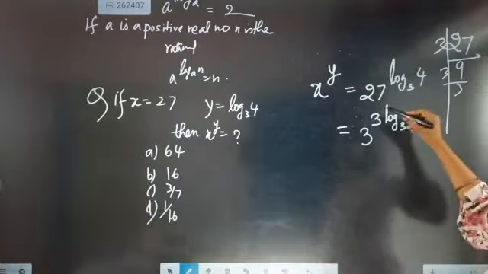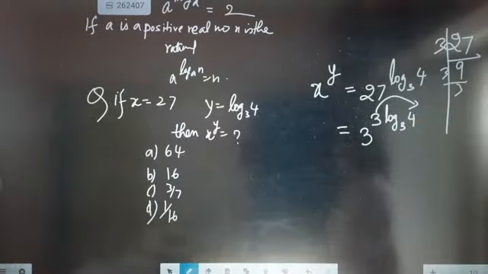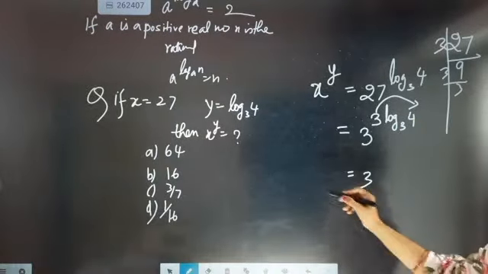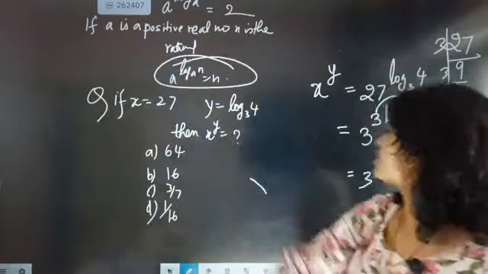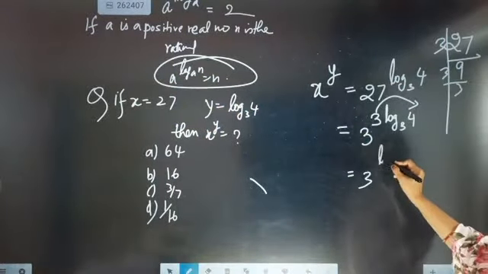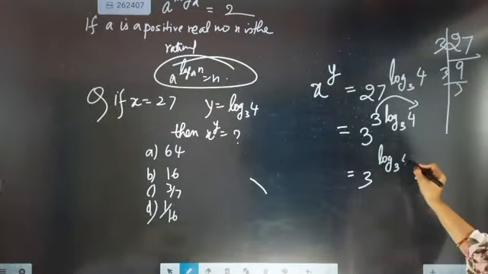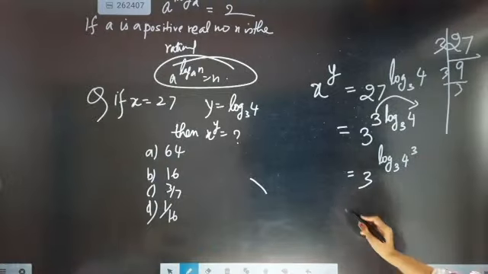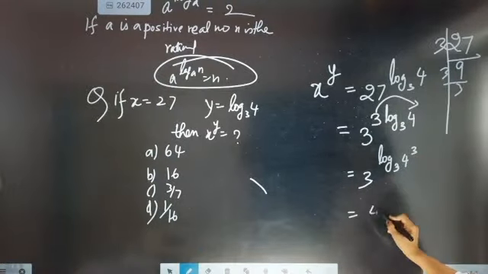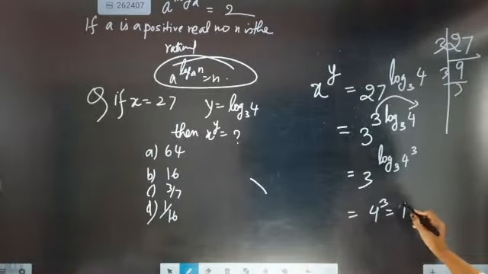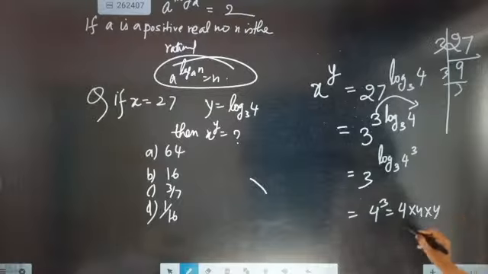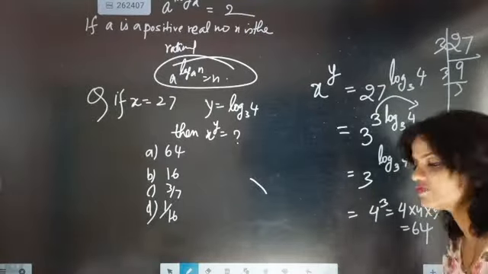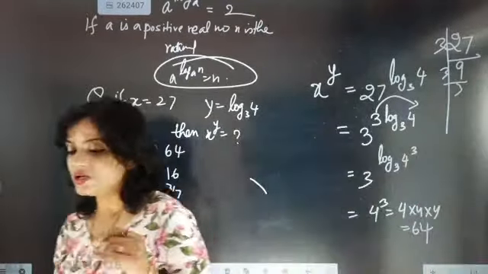So first work is we are going to shift this 3 up on the 4. Then only it will become similar to this formula. So now it is going to come as 3 to the power log base 3 of 4, the whole to the power 3. Now we have this and this the same, so the answer becomes 4 to the power 3. That is 4 into 4 into 4, 4 fours are 16, 16 fours are 64. So your answer is absolutely correct.